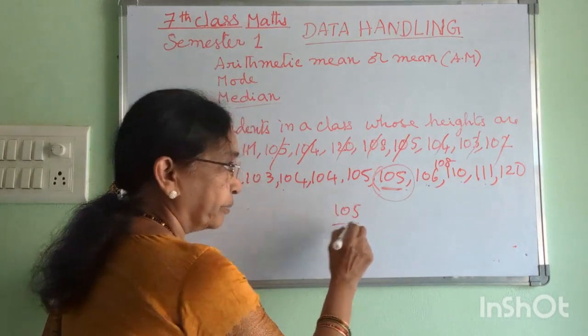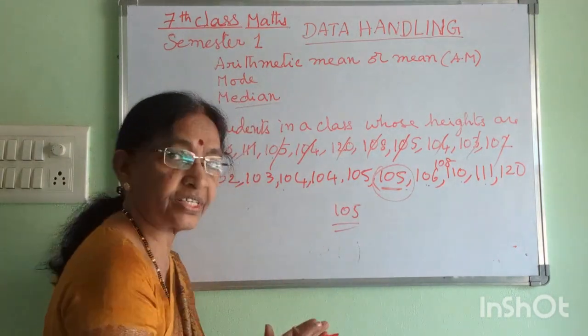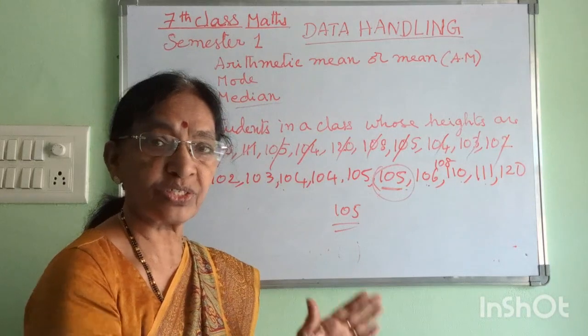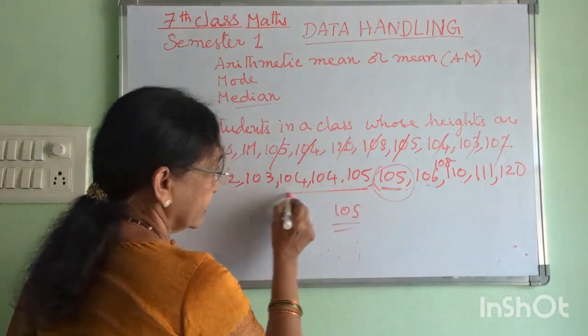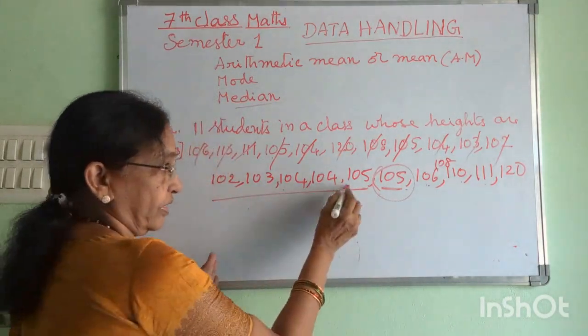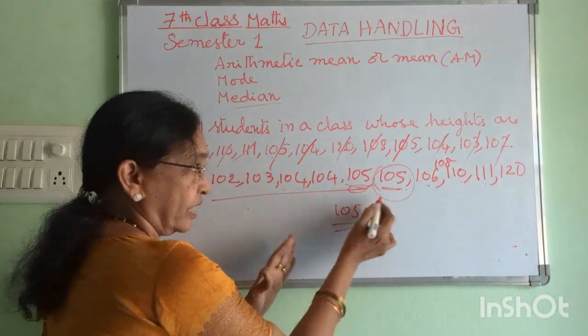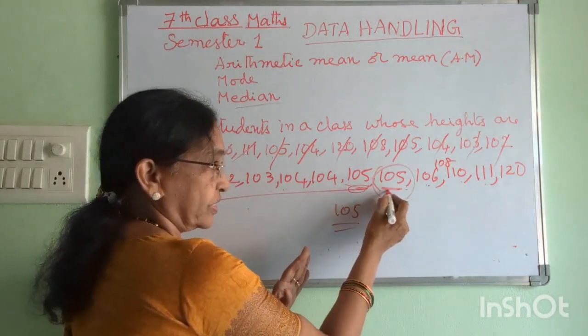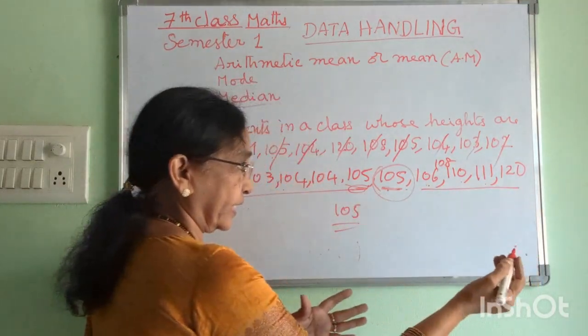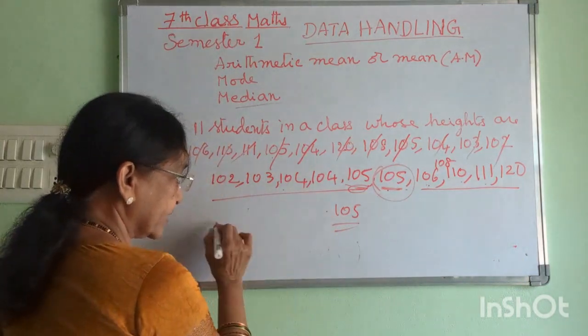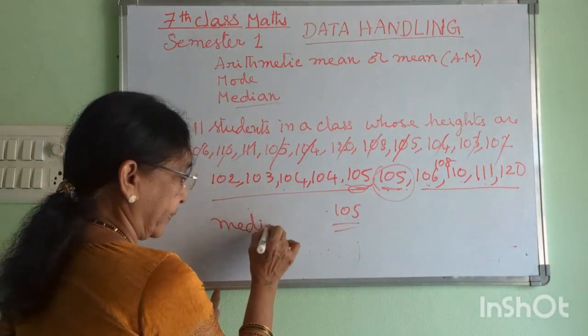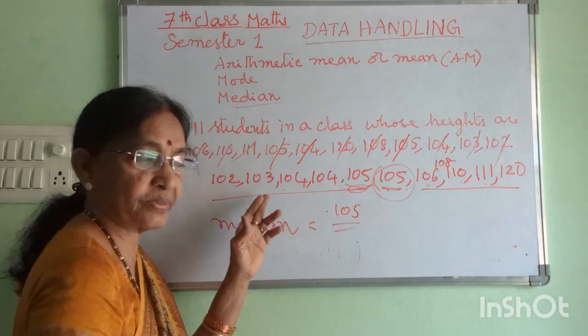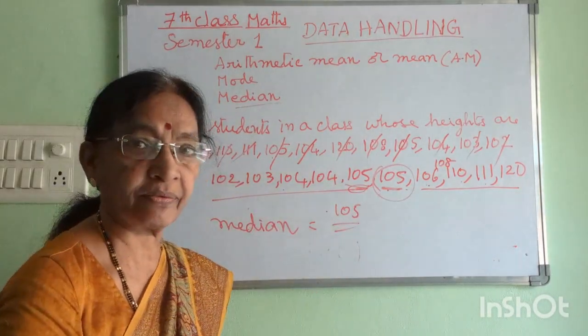So 105 is the middle observation, which divides the total observations into two parts. All these are less than or equal, and all these are greater than the middle observation. This is called the median. So the median of these observations is 105.